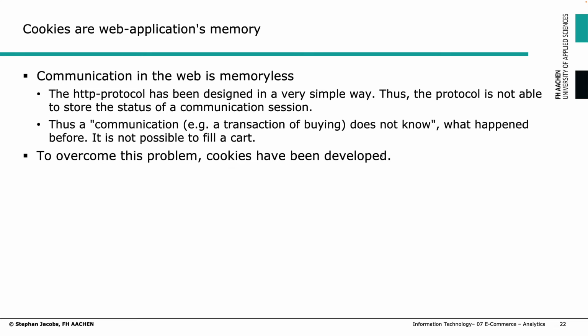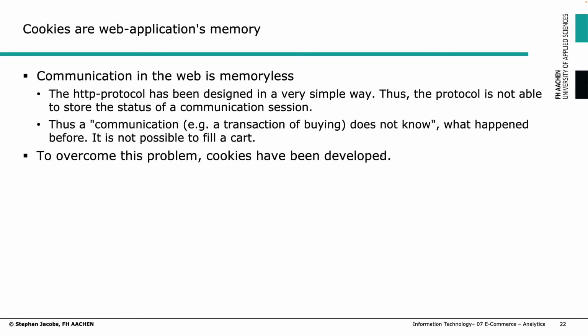The communication in the web, that means the HTTP protocol, is what computer scientists call memoryless. That means the HTTP protocol has been designed in a very simple way. The protocol can simply send information back and forth, but it cannot store information about this former communication.